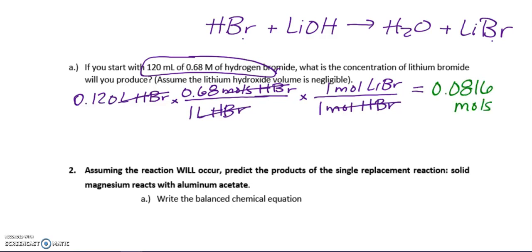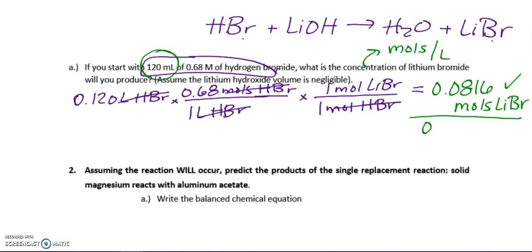moles of lithium bromide. But it's asking for concentration, and concentration is molarity, which is moles per liter. So there's my moles. And then it says, assume the lithium hydroxide volume is negligible. So assuming that I add something, my volume is not going to change. So the volume of my reaction is 120 milliliters. So just divide this value by 120 milliliters or 0.12 liters.